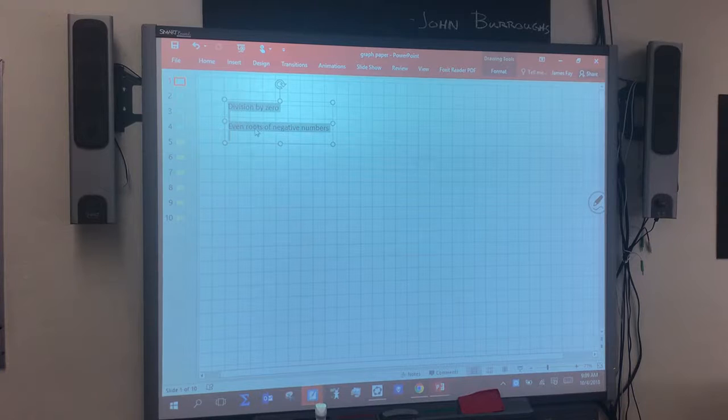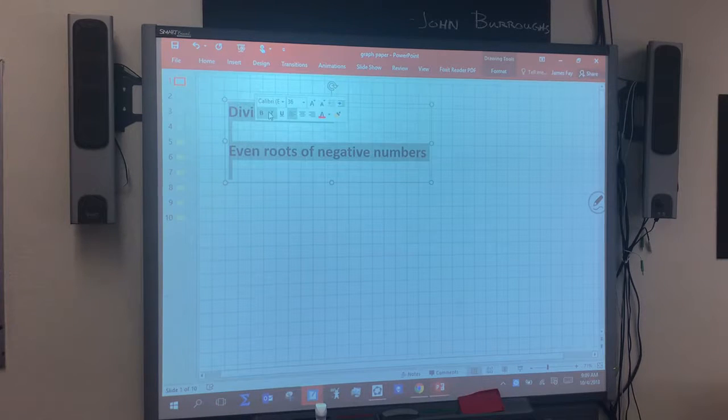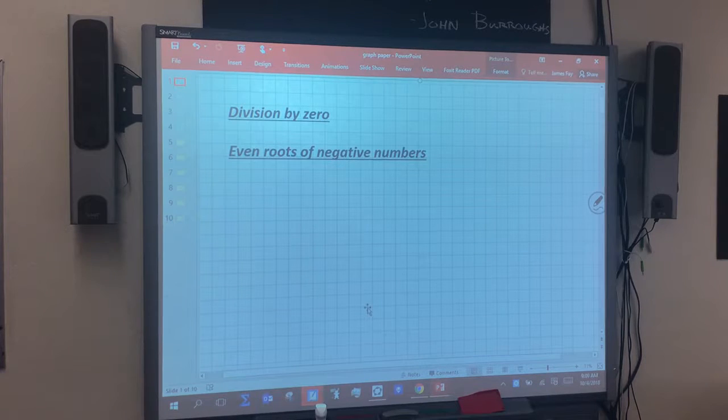Alright, so if you guys remember from yesterday, these were the two problems that we had. These are the issues that are created in regards to our domains. Our issues are created by these two concepts, these two procedures. We can never divide by zero, right? We can never take even roots of negative numbers. Those are the only things. So if I ask you to divide by 100 million, you should be able to do that, right?